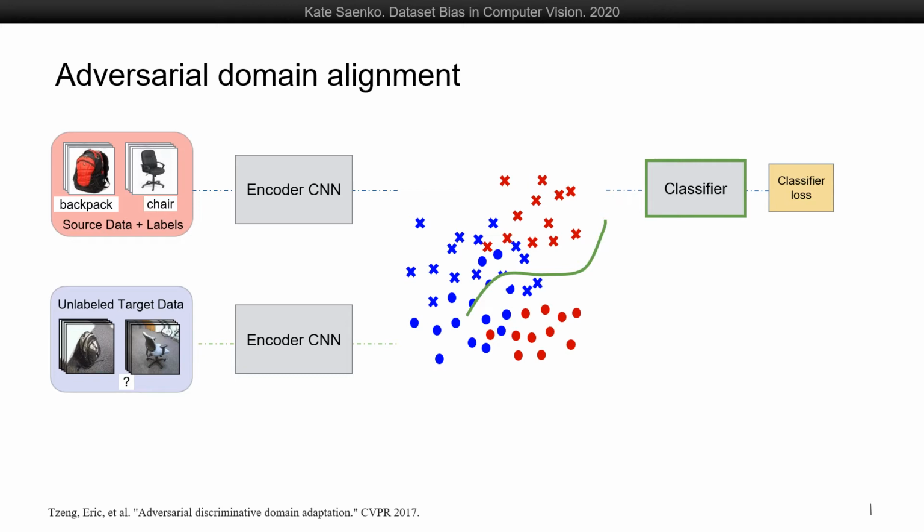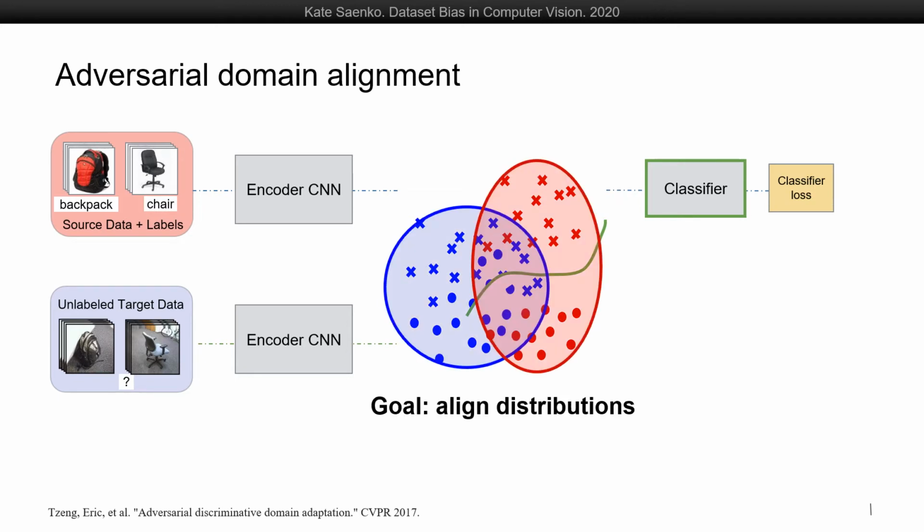Okay, so what is adversarial domain alignment? Well, the goal here is going to be to try to align the distributions. We're going to try to align the source feature distribution with the target distribution such that they become indistinguishable from each other. Essentially it's removing features.